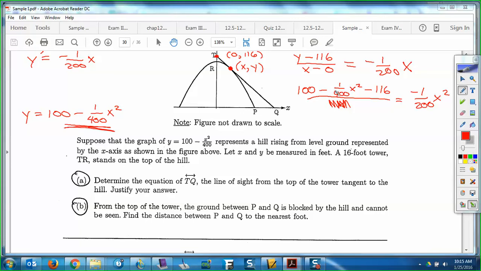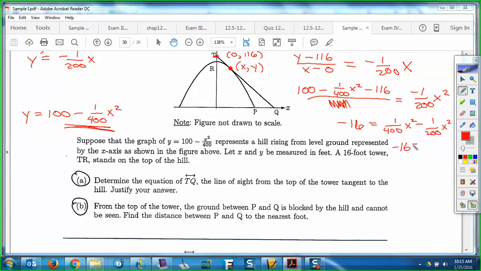Add this over to that side and put the 100 minus 116 together. That'd be negative 16. And then over here, add 1/400. So that'd be 1/400 x squared minus 1/200 x squared. That's nice. They're like terms, so I can put that together.